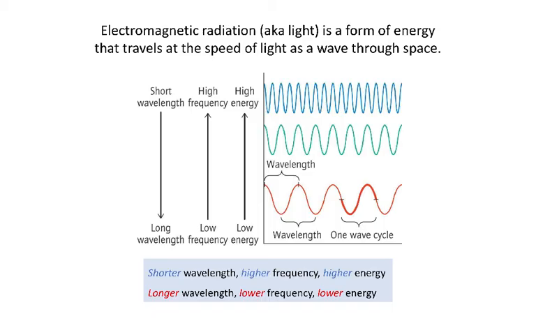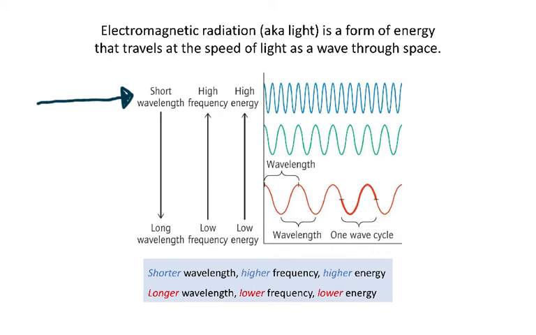Here's another way of showing that relationship between wavelength and frequency. Electromagnetic radiation is a form of energy that travels at the speed of light as a wave through space. If you have shorter wavelength, that corresponds to higher frequency, and that also corresponds to higher energy.